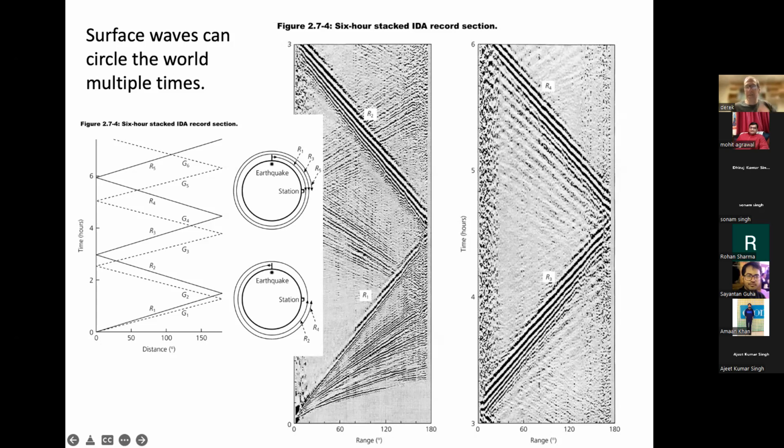And then we see later coming in is R2. And then at 3 hours, we see R3 and then R4. So R sub 3 has gone around the Earth once and is in the direction between the source and the receiver. And R sub 4 has gone around the backside of the Earth in more than once.